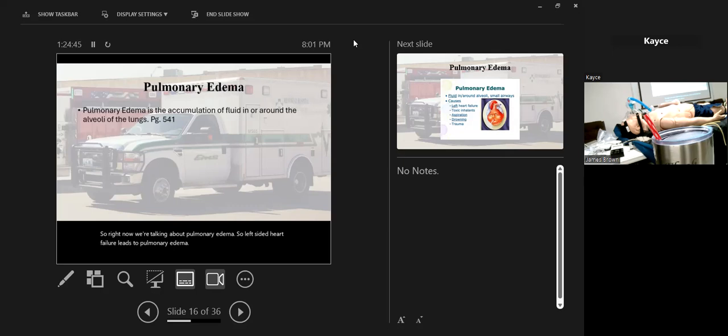Congestive heart failure. So when you start getting fluid built up in the sac around the heart. I noticed in the book they said it used to be called congestive heart failure, is now just heart failure. But you start getting that fluid built up around the heart. As that fluid builds up, it starts constricting how much the heart is able to pump out.